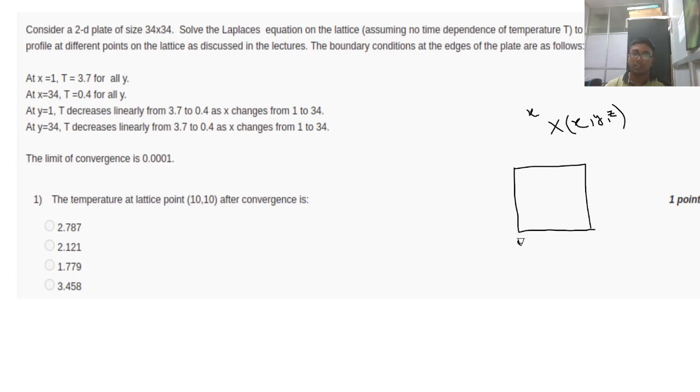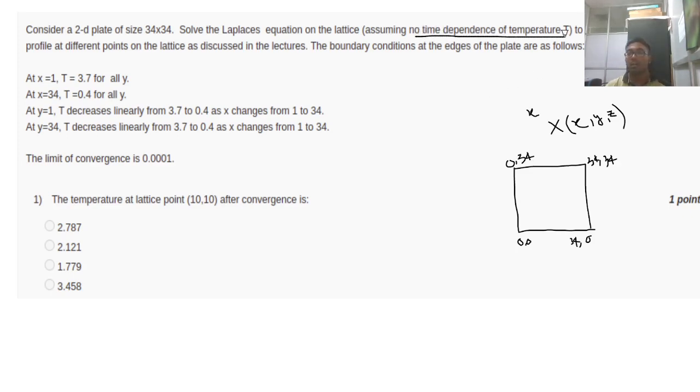So let's say this is 0, 0, and if this is the x axis, then this will be 34 comma 0, this will be 34 comma 34, and this will be 0, 34. And as per the question, there is no time dependence of temperature T.